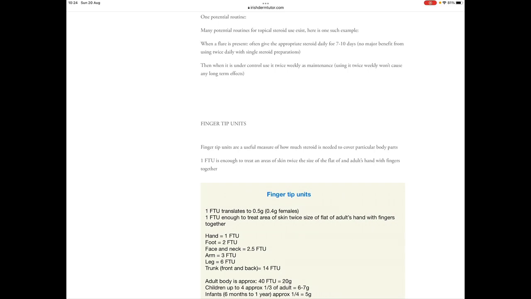Some of the combination ones you might use twice a day. But then once the rash is under control with that routine, you can suggest that they continue to use it twice weekly as maintenance. In general, using it twice weekly won't cause any long-term effects, and it's actually been proven in studies that a twice weekly maintenance regime over a long period of time is better at reducing flares, and as a result you probably use less steroid long-term.